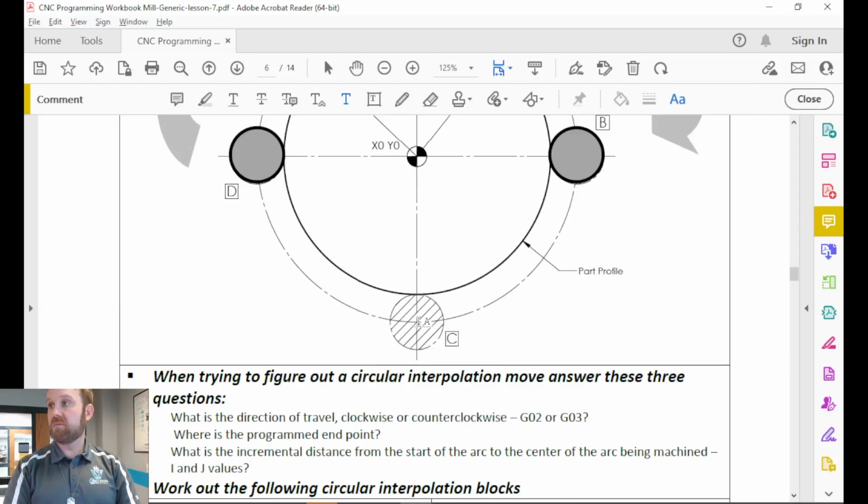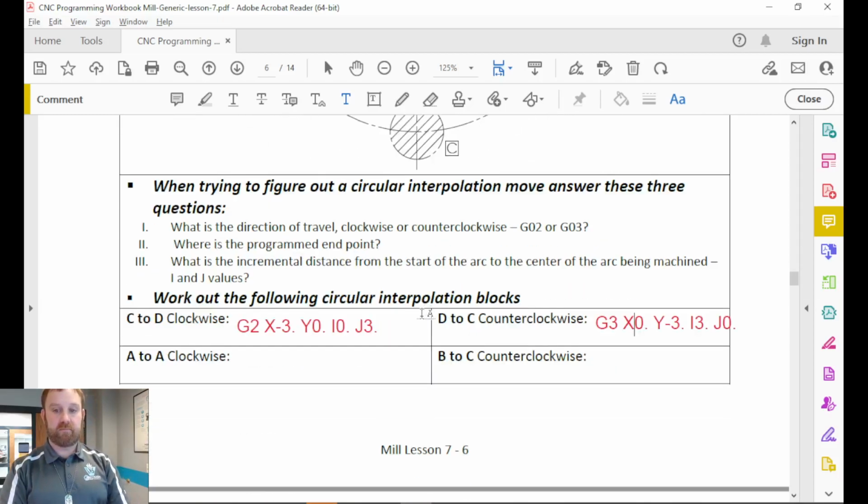Okay. Y minus 3. Well, these are absolute: the absolute value for the endpoint. The incremental is this right here, the I or the J, the incremental distance from the start to the center. Okay. All right. Next one.